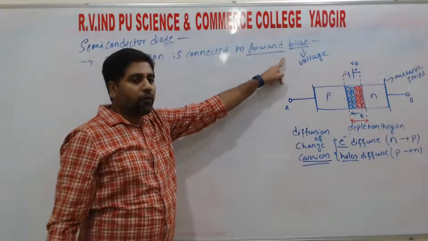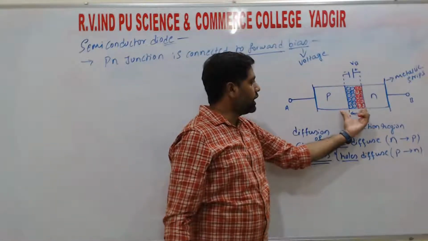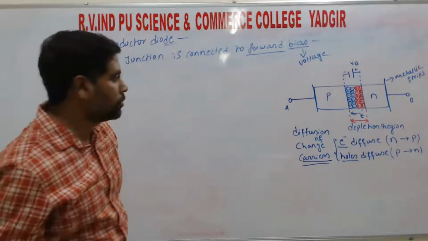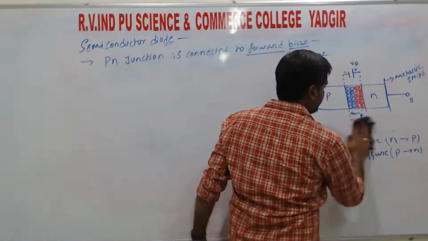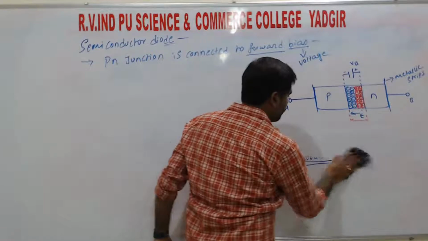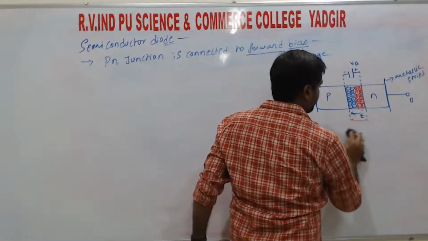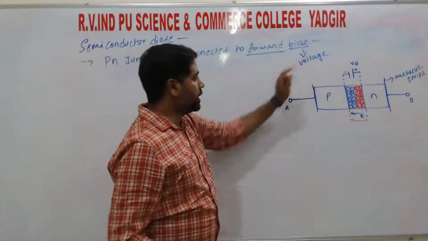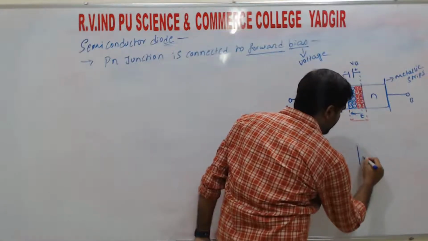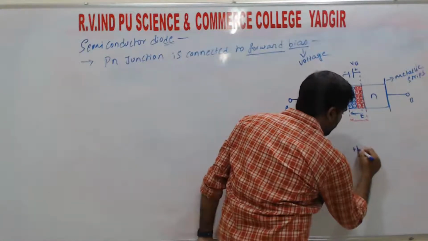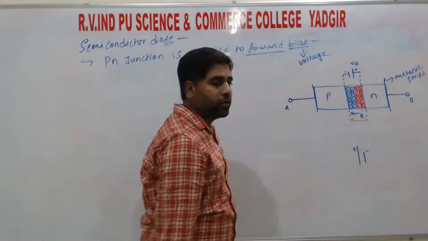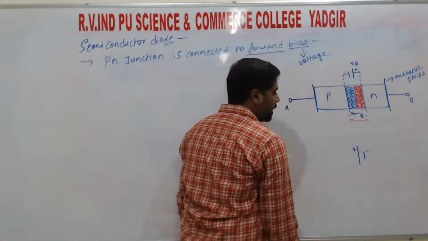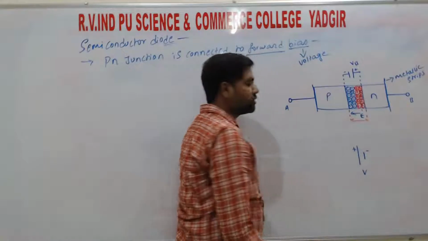So what is the meaning of forward bias? This PN junction diode is connected to the voltage in such a way that, right, forward bias means this voltage. Here we have a battery. One is the positive terminal and another one is the negative terminal. The positive is always longer compared to the negative, right? This one we call the external voltage.